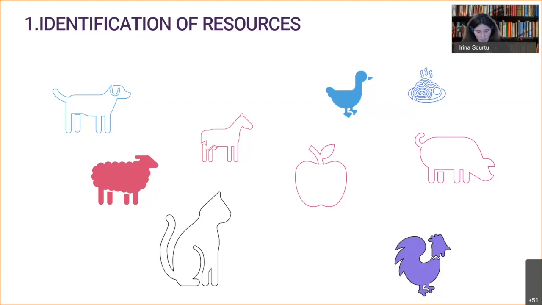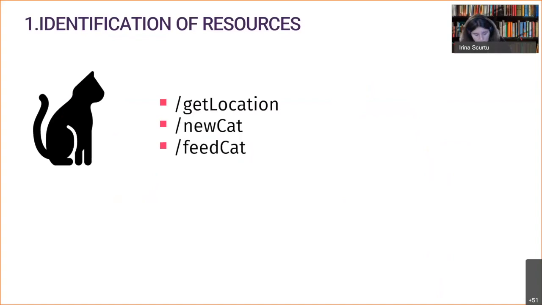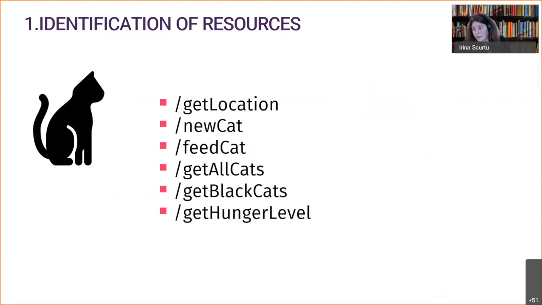If we were to look at a specific thing, a cat that is also black, an operation that might be valid right now might be something like to get the cat location. Or another one can be something like the ability to add a new cat, or maybe to feed the cat, or to get all cats, or get all black cats, and get their hunger level, and maybe you want to find out who the owners are.